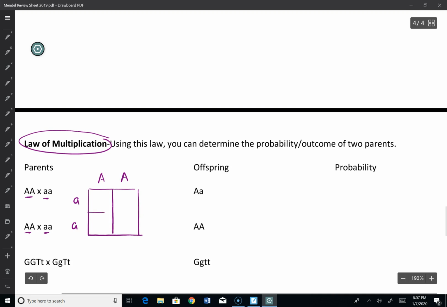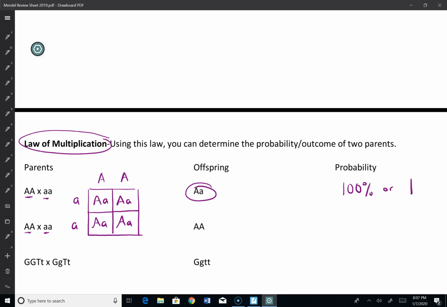And if we're to do a Punnett square for like the 80 millionth time, this is what we will get. All of the offspring will look like that. So what are the odds of having capital A lowercase a? Well, it is 100%, or 1, because 1 is the highest you can get. Well, what is the odds of getting capital A capital A from those two parents?